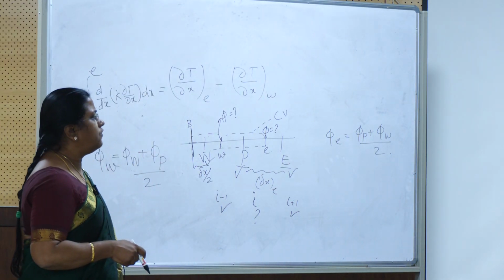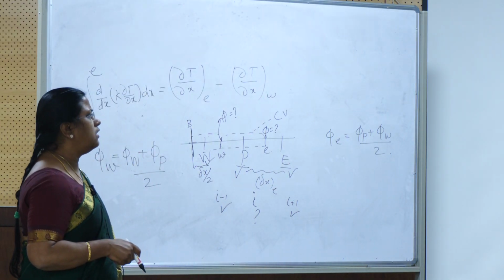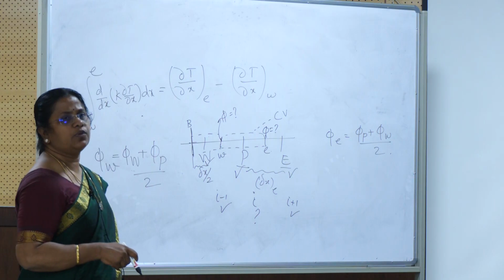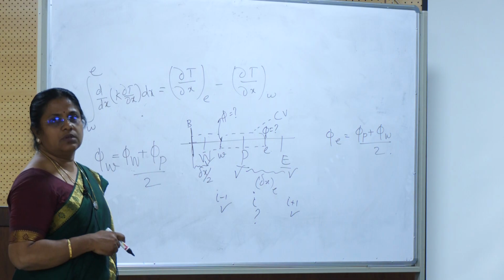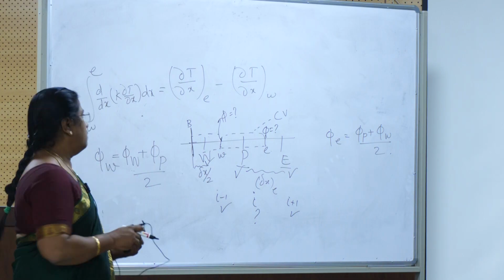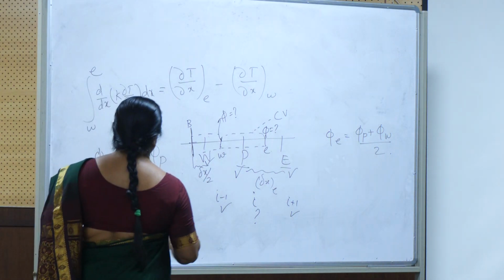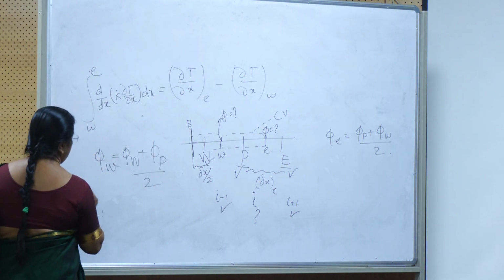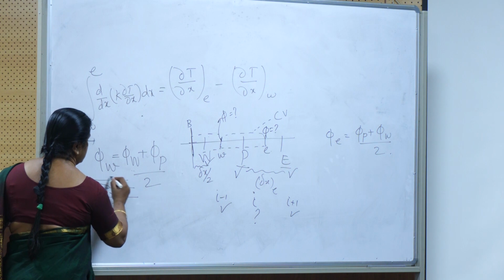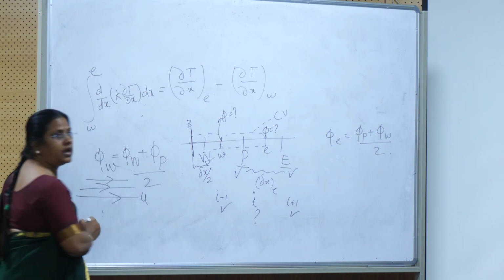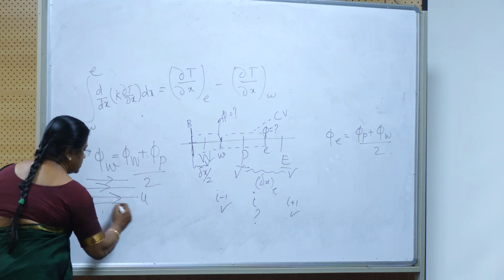Okay. F can take either positive or negative values depending on the direction of the fluid flow. Because here it is denoted as U. U is the velocity. If I say velocity can be in the positive direction, fluid can move in this way also. Otherwise, it can reverse also sometimes.